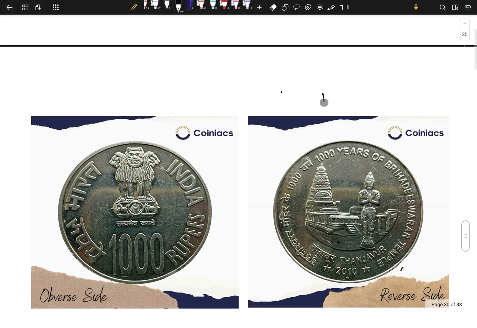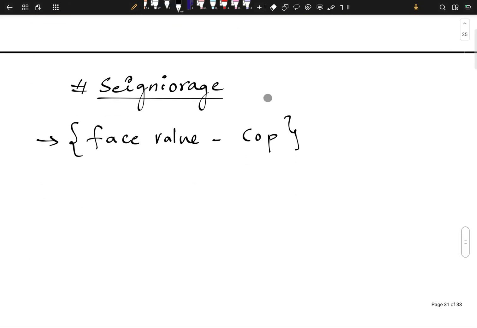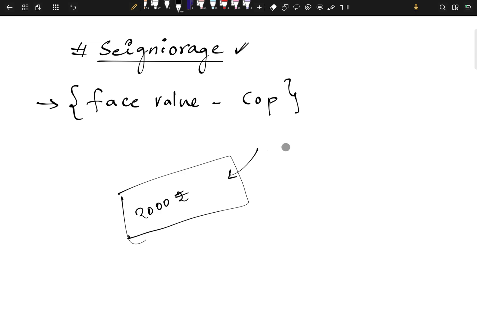What is the largest denomination in coin that can be minted? That is 1,000 rupees, right. There is another concept of seigniorage. What is seigniorage? For example, RBI prints a 2,000 currency note. What is the cost of production of this 2,000 currency note?